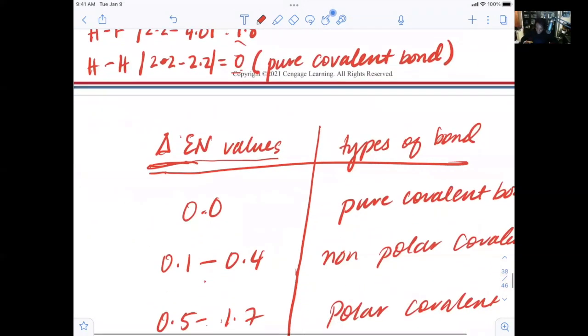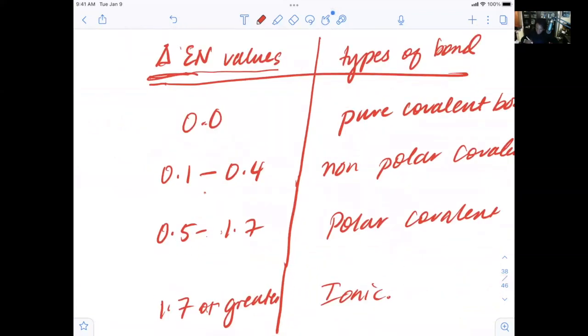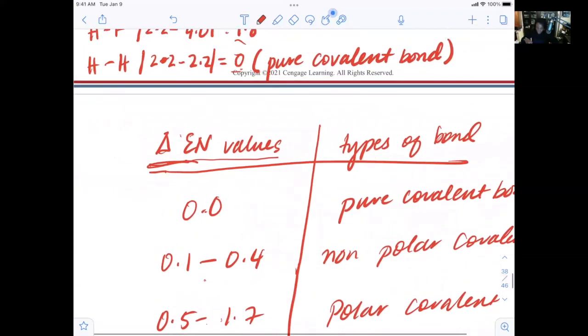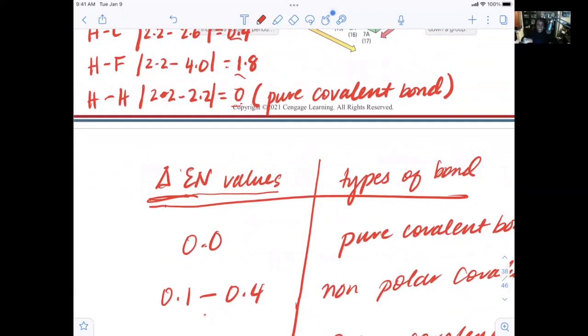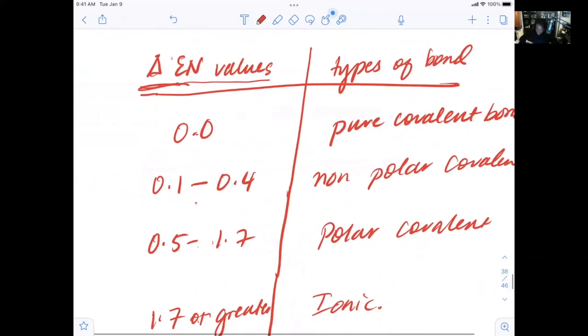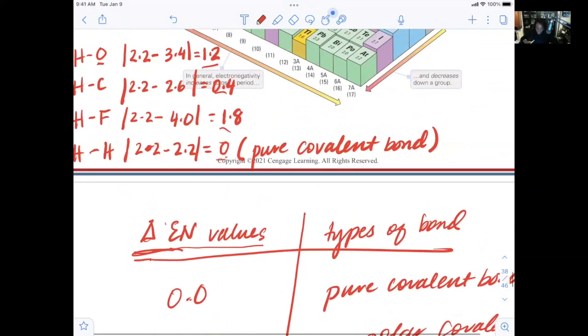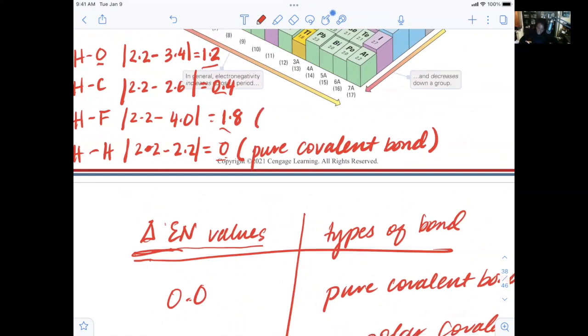And then what's 1.8? Here it says 1.8 is ionic. Depending on the book, some books will classify 1.8 as polar covalent, because I've seen somewhere that this goes to 1.9. It's tricky. Scientists don't even agree with these categories. So I have seen this as both polar covalent or ionic.